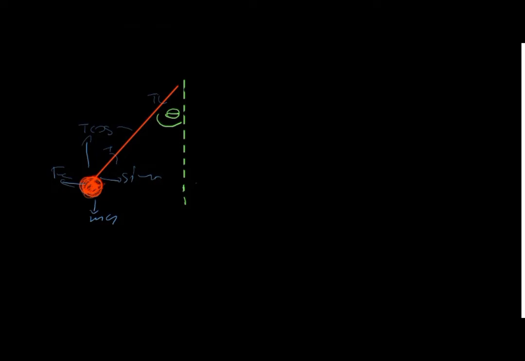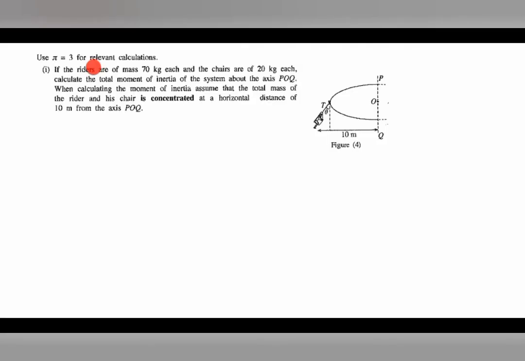When you resolve the tension, using the alternate angle theta, it is going to be upward as T cos theta, and this side is T sin theta. The weight is going to be mg downward, and Fc over there. So this is really simple, you can find it just by looking at this. Now we get the result.